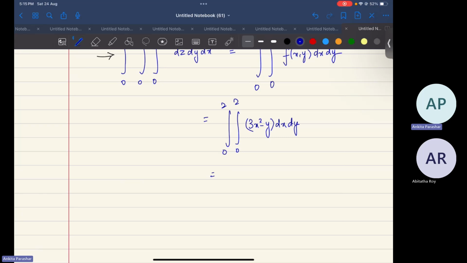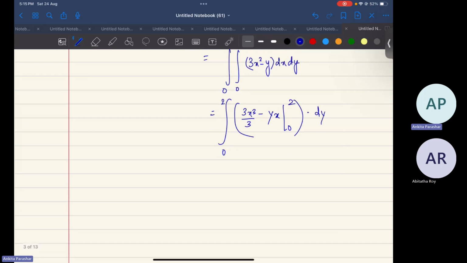How do you integrate this? You can integrate x first or y first, either of them. You will get 4 by 3. 4 by 3, really? I don't think so. Let me say 3x cubed by 3 minus yx from 0 to 2, and then I integrate from 0 to 2. I'm integrating first with respect to x.